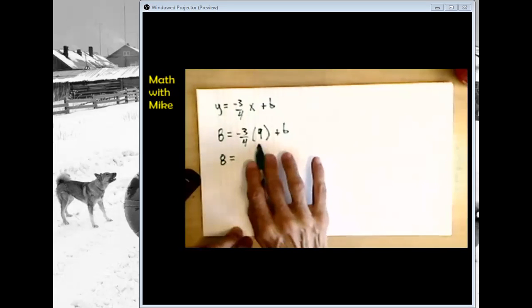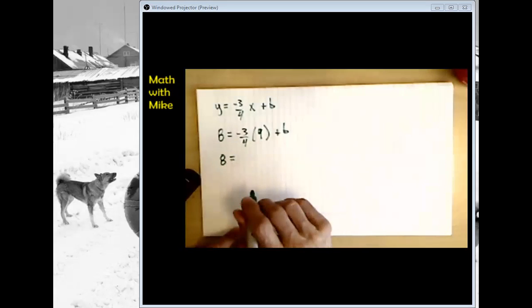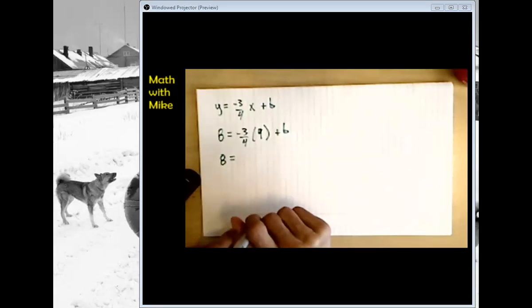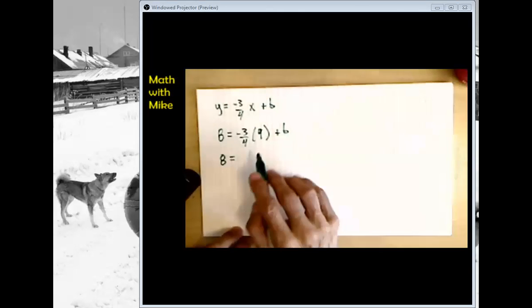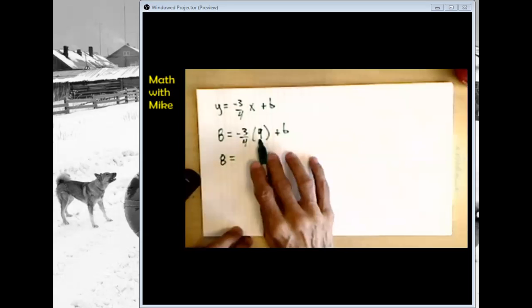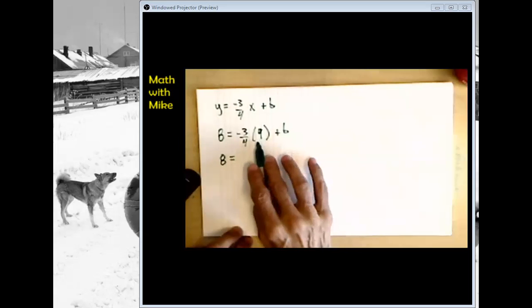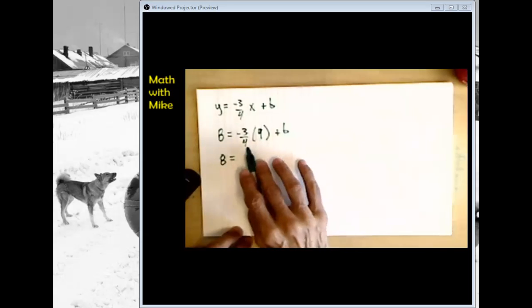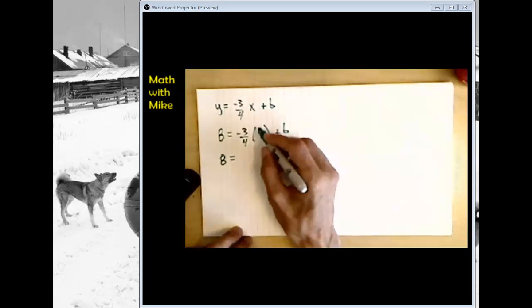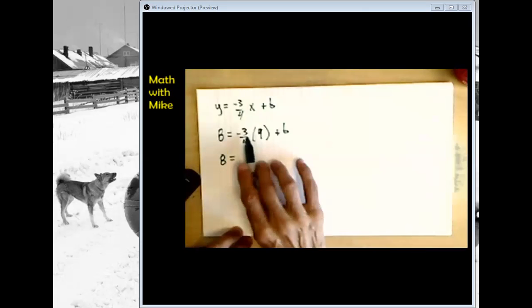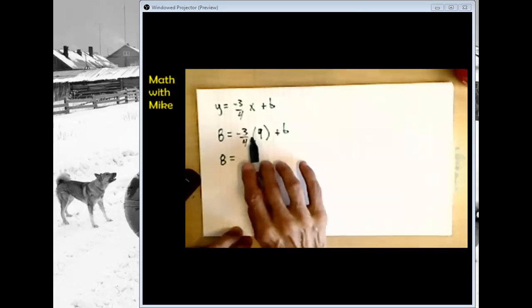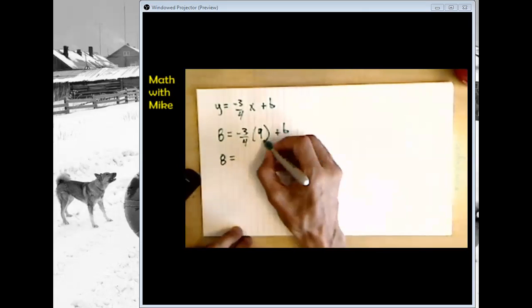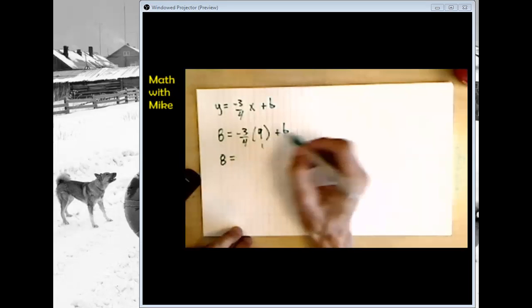3/4 times 9. If it was nice, you would, but it doesn't go in nicely, right? So we're just going to leave it. 3 and 9, invisible 1 times 4.